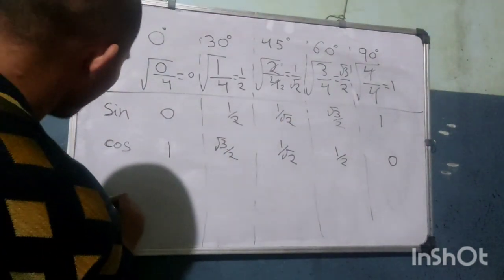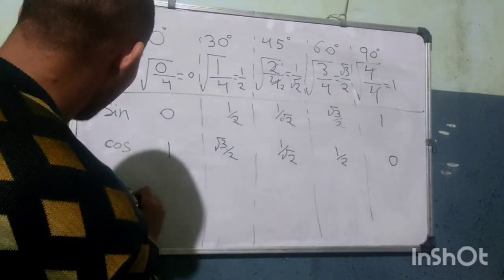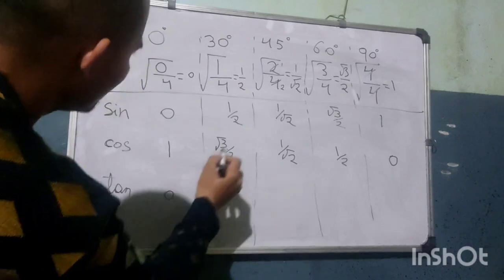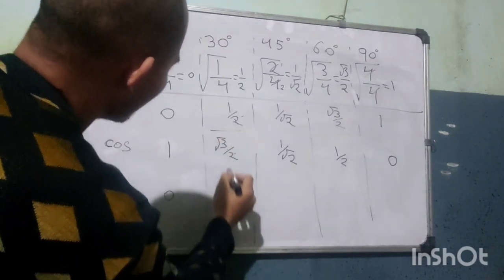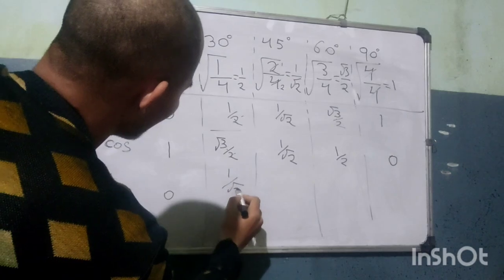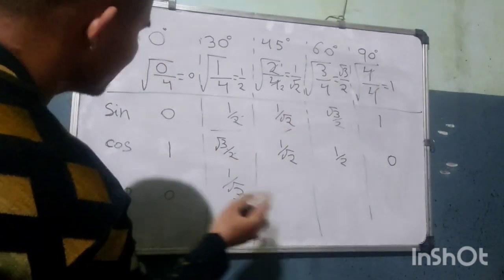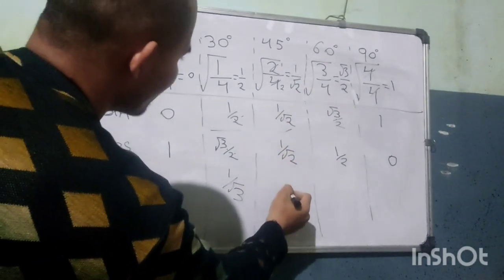Now tan is equal to sin divided by cos. Tan 0 is 0 divided by 1, which will be 0. Tan 30 is 1 by root 2 divided by root 3 by 2, now cancel. Tan 45 is sin by cos, root 2 cancel, so it is 1.